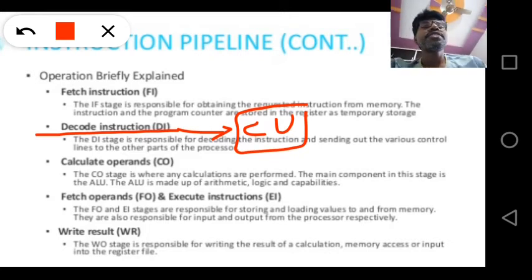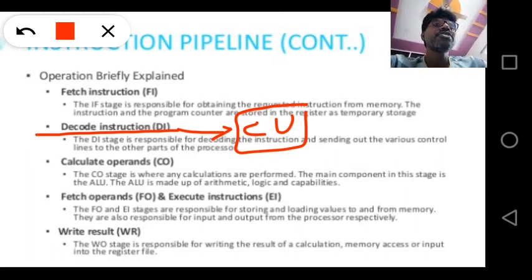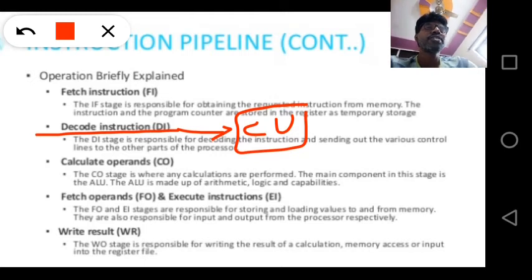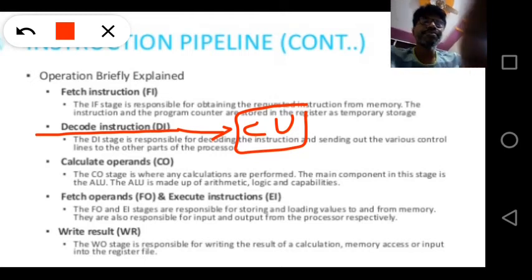And the next stage is writing the results. The write-operand stage is responsible for writing the result of the calculation, memory access, or input into a register file. So these are the 6 stages. What are they?